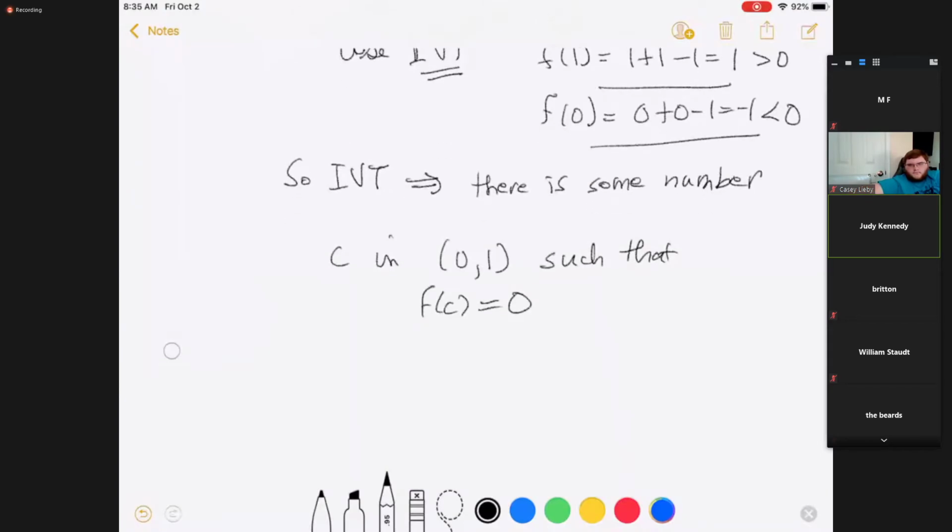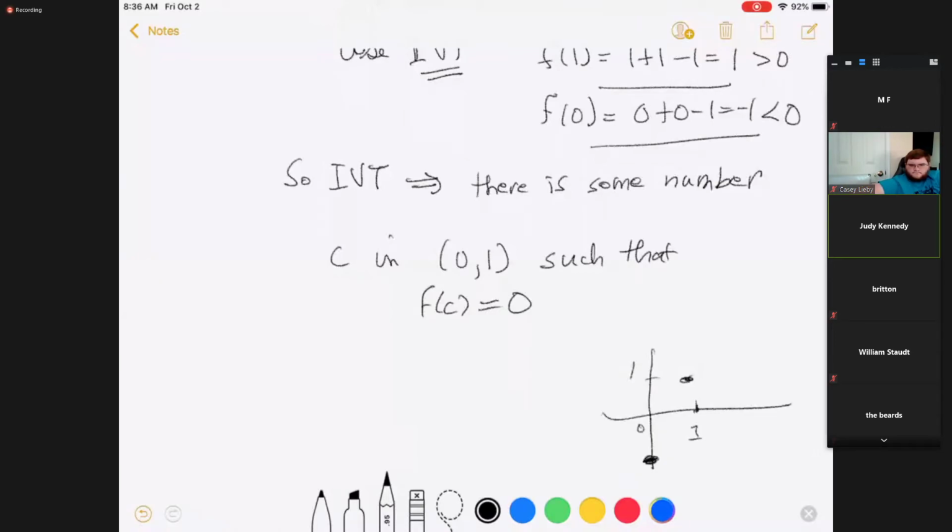f of 1, let's see, draw a picture. f of 1 was 1. No, that's wrong. Okay. f of 1 was 1. Call that 1. f of 0 was minus 1.